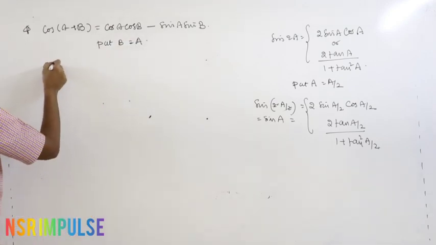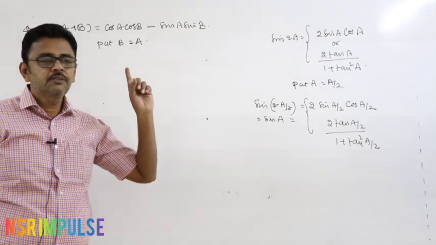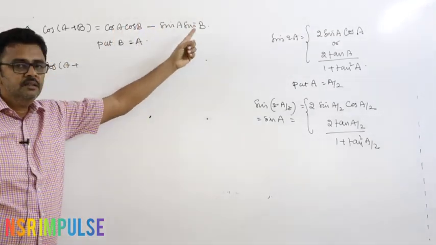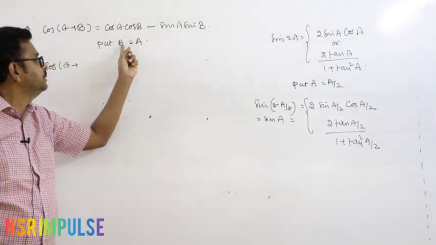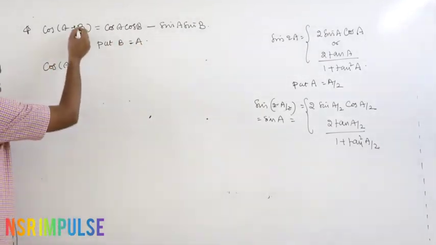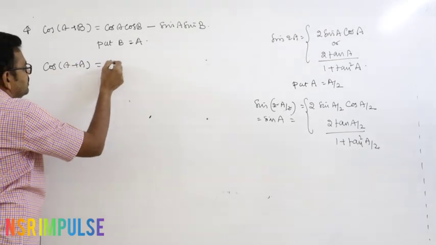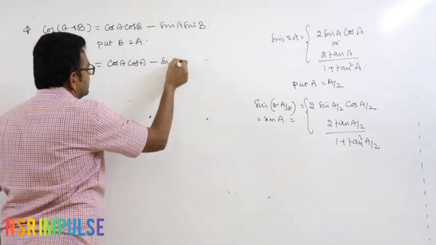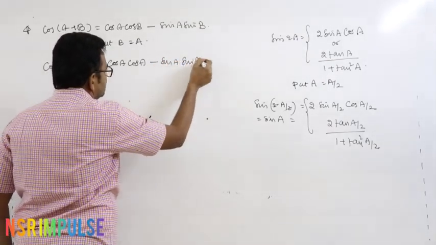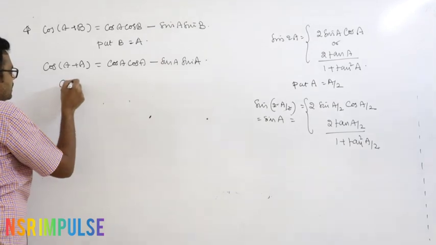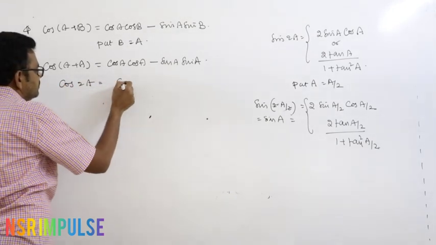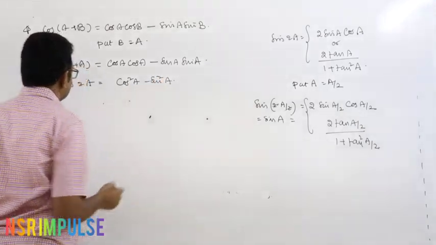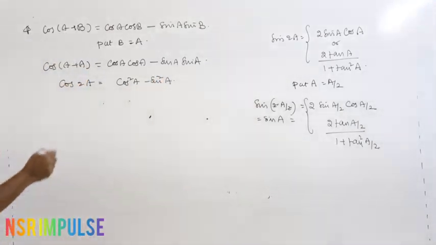So cos of a plus a equal to cos a cos a minus sin a into sin a. So this is cos 2a is equal to cos square a minus sin square a. So this is one formula for cos 2a.